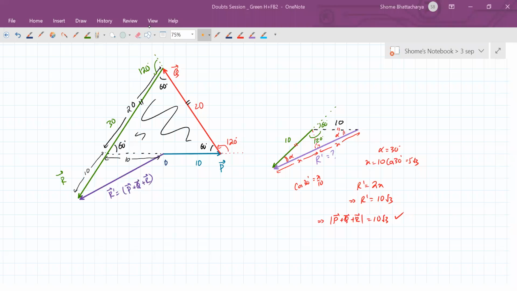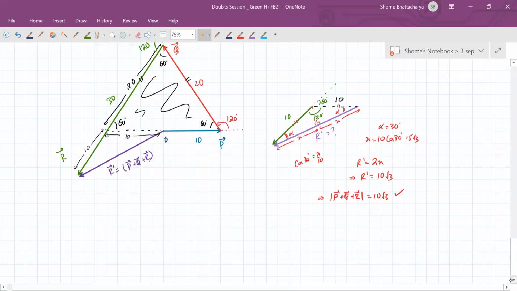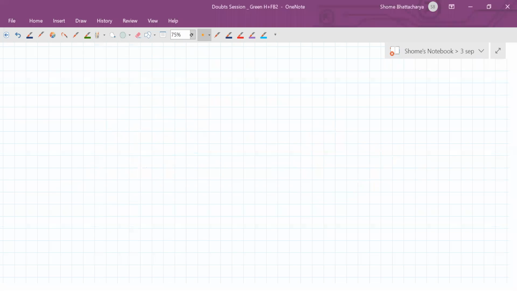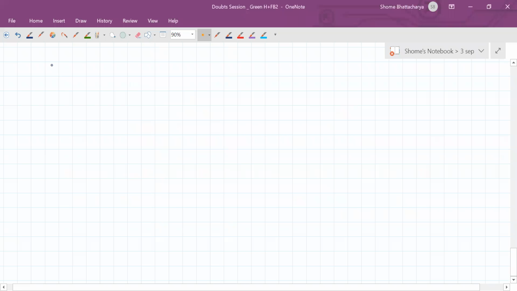A couple of students have asked that. So module exercise 1, question number 1. Let's go through this. So this says that the sum of magnitudes of two forces acting at a point is 16 newtons. So suppose we have two forces A and B.